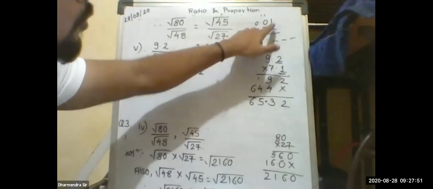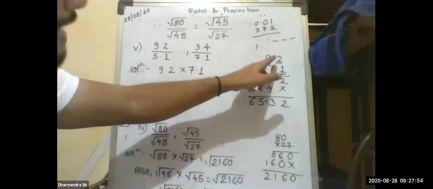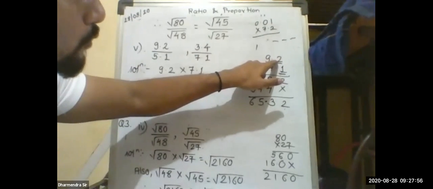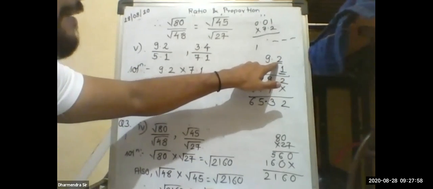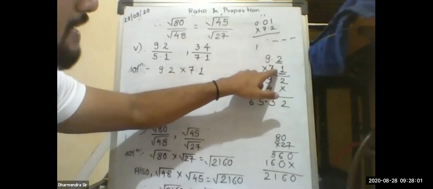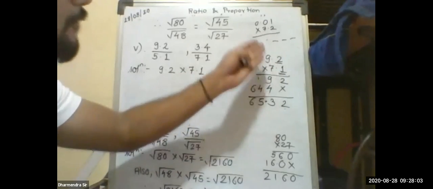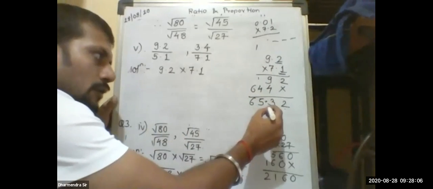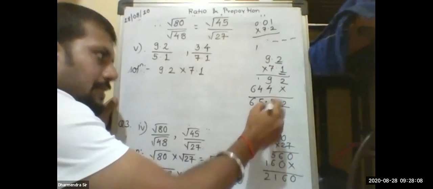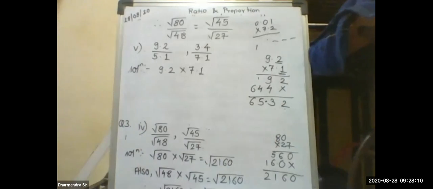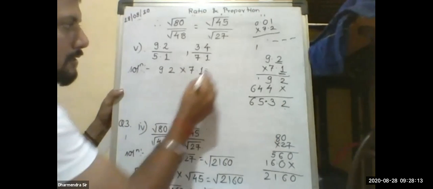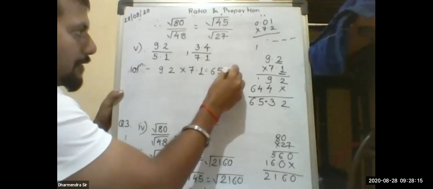In case of 2, you have to just add 2 plus 1, so this is 3. And here we are having 9.2, so from here we can conclude that we are having 1 digit after decimal, here 1 digit after decimal. That is 1 plus 1, 2. So we have to put the decimal, and after that we should have 2 digits. Answer is 65.32.